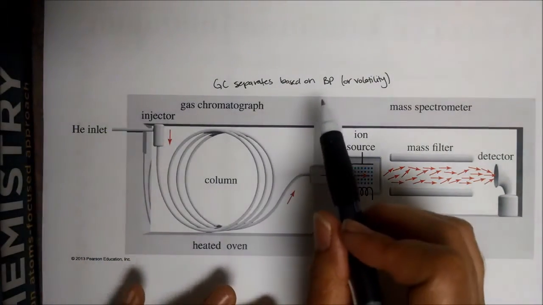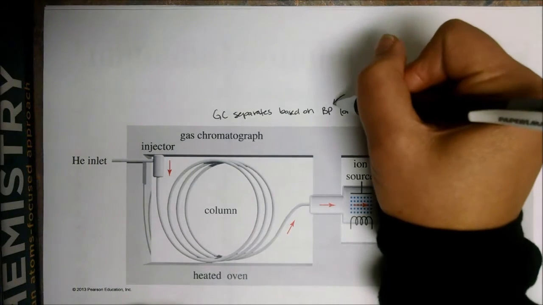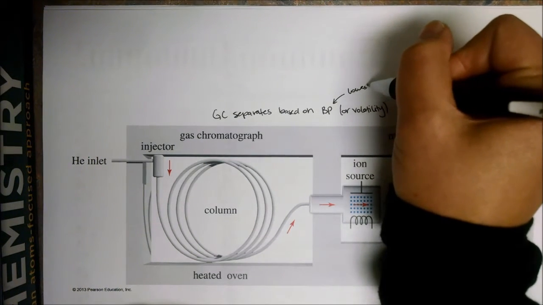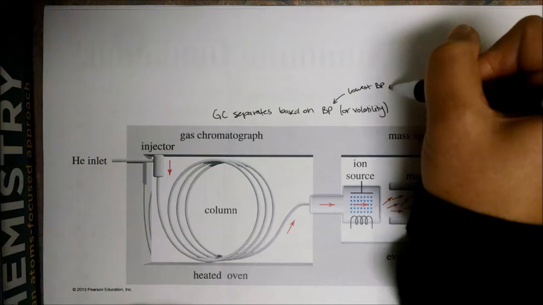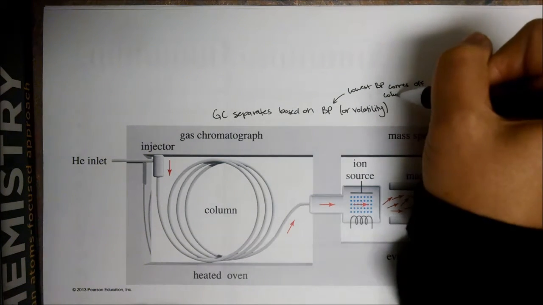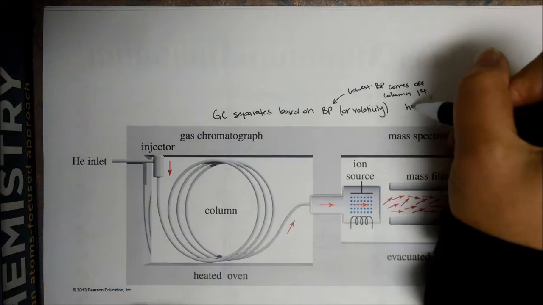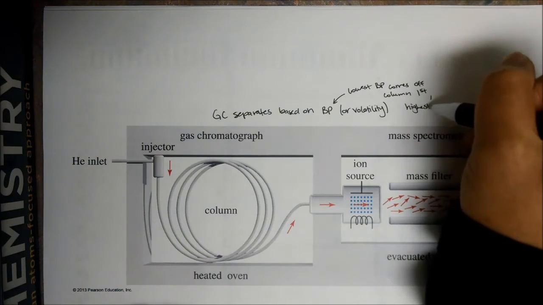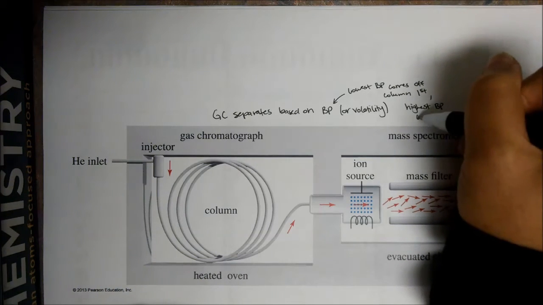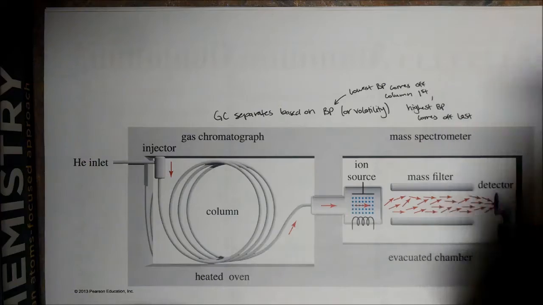So again, it separates things based on boiling point. Okay, from here, the lowest BP will come off the column first, okay? Highest BP comes off last.